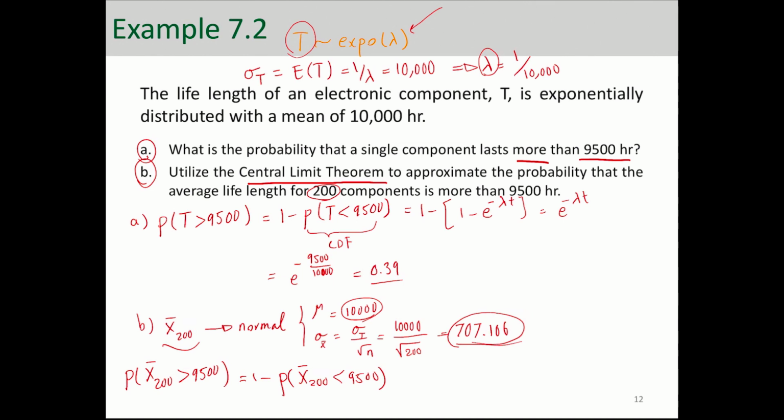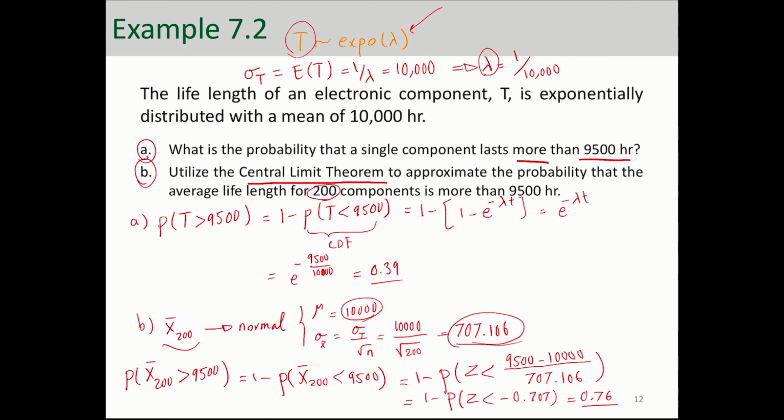And because x bar 200 is normal, what we need to do is convert this to a standard normal: probability of z less than 9,500 minus 10,000 divided by 707.106. And that is equal to 1 minus the probability of z less than negative 0.707. You read that from the table, and that is equal to 76%.